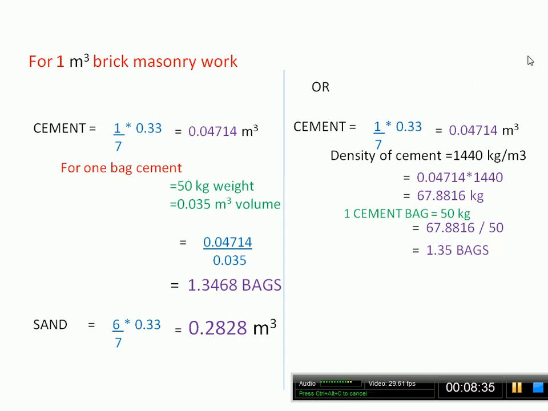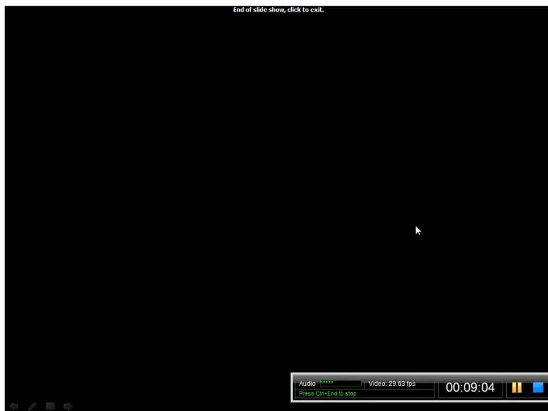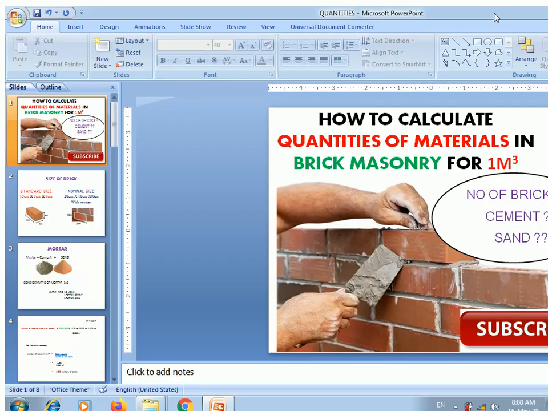The density multiplied by the volume of cement, 0.04714 multiplied by 1440, and we get the answer 67.8816 kg. Also we know that in one bag there is 50 kg of cement, that means we divide this value by 50, then we get 1.35 bags. Now we see that the left side of the answer is equal to the right side of the answer, that means we are correct. Thank you for watching this video.